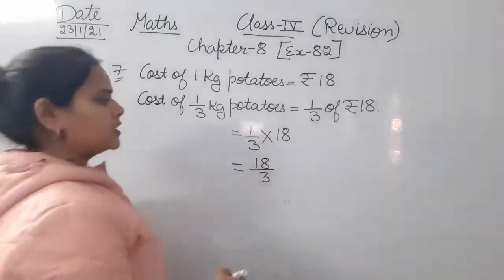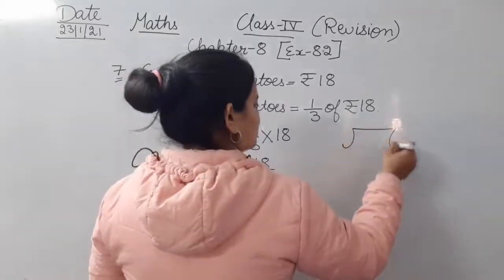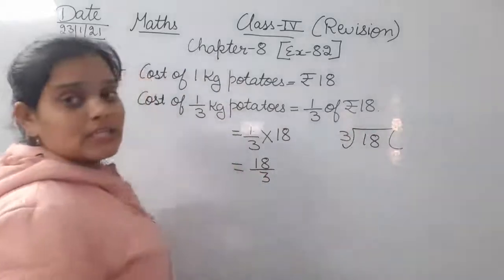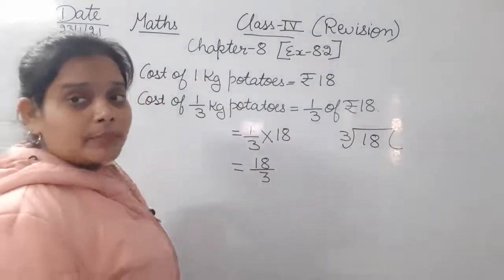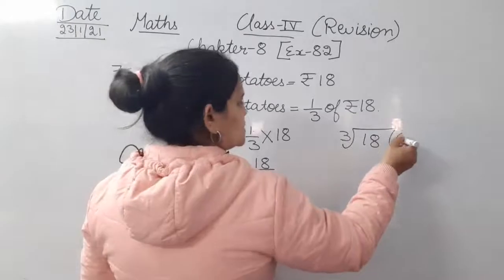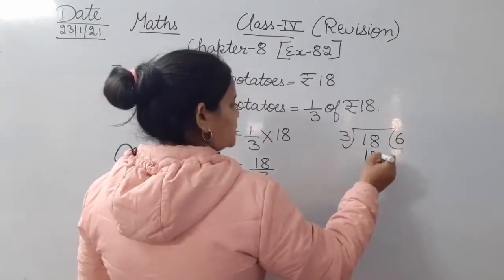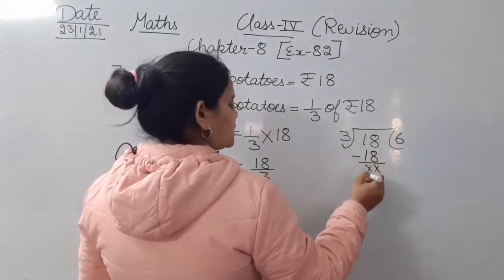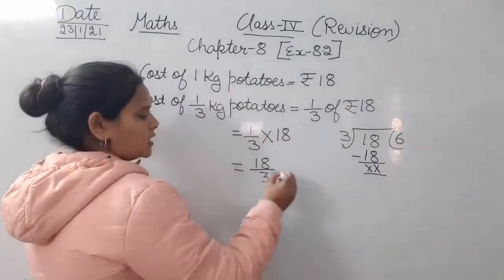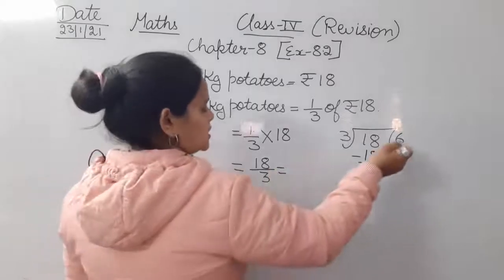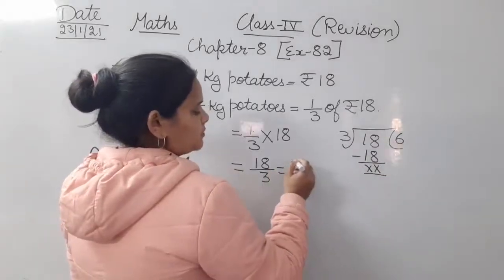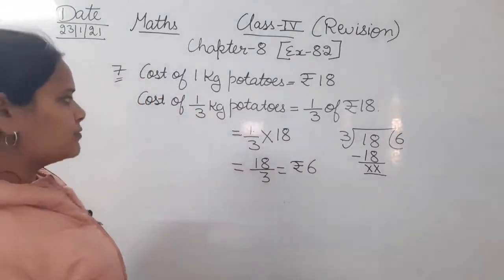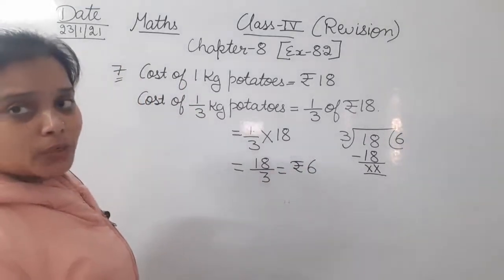So let's divide 18 with 3. देखिए 3 के टेबल में 18 आता है. 3 6 18. 18 minus 18, nothing will be left. So the answer you got, that is 6. That is rupees 6. So rupees 6 is the cost of 1/3 kg of potatoes.